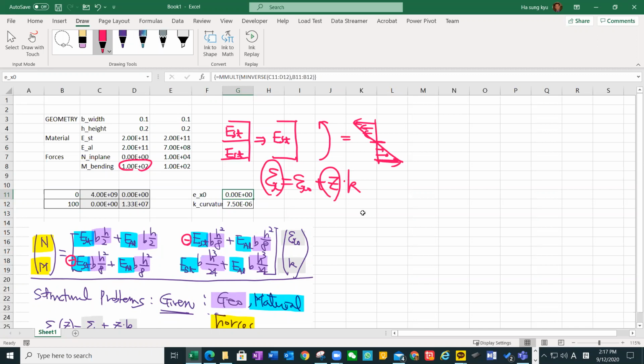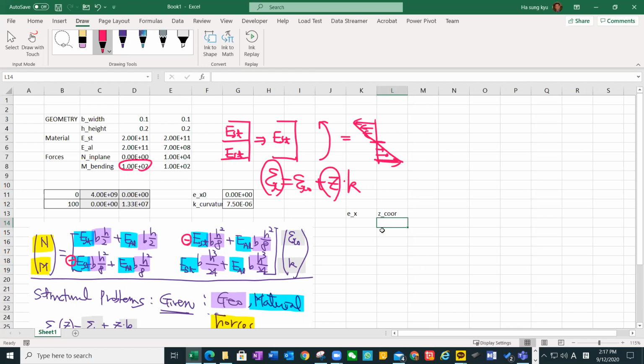So this is the epsilon x, which we're going to plot, and this is the z coordinate.